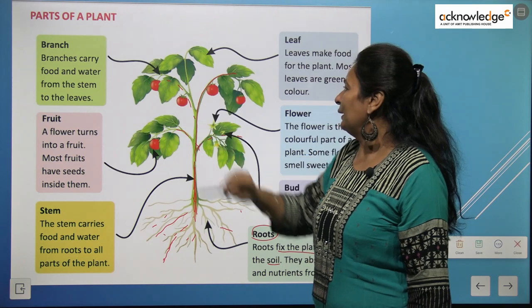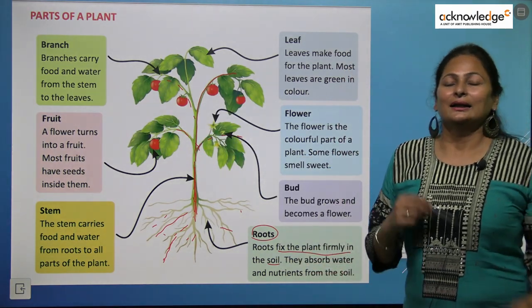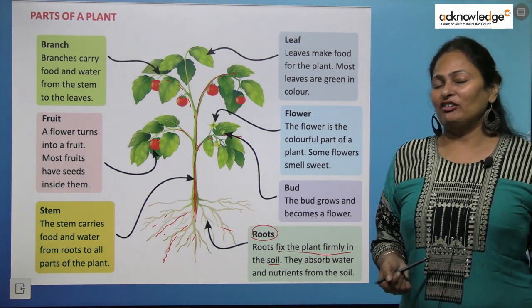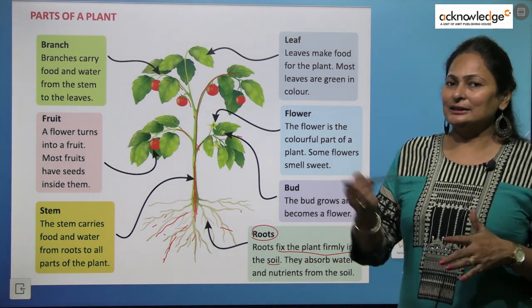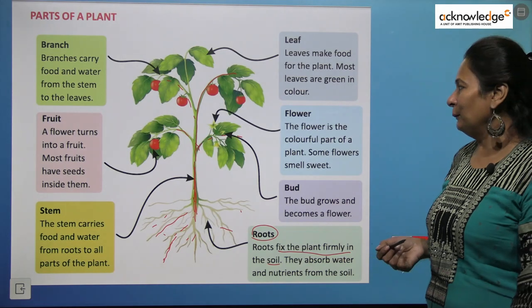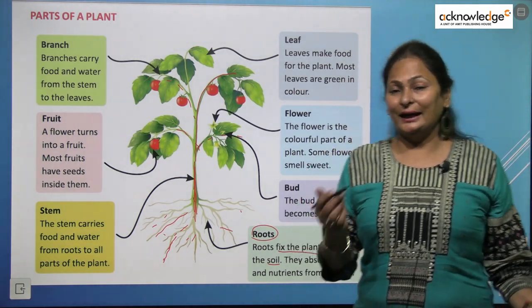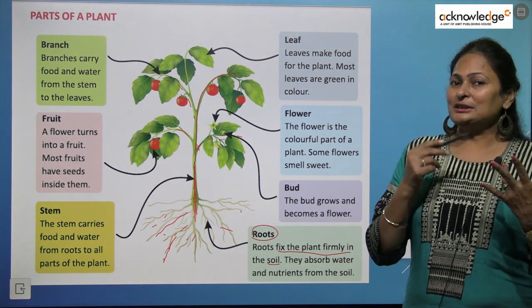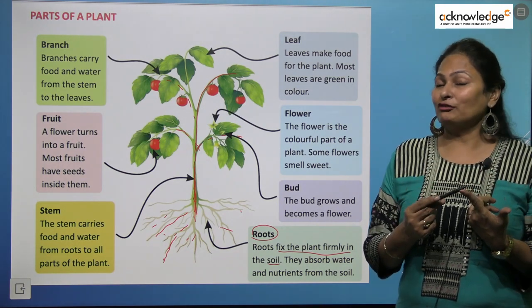So, stem is the only part that takes all the nutrients, water and minerals that have been absorbed by the roots and transfers them to other parts of the plant. And stem bears leaf, fruits, branches and flowers.